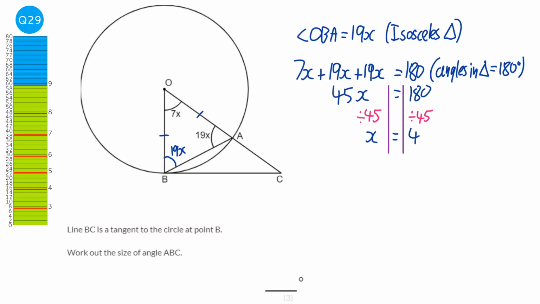Now we're looking for this angle here. That's angle ABC. Now there's a few different ways we could do this. We could work out what this angle is, because it's a big triangle, etc. Or we can use the fact that we've got a tangent touching a radius. So we know that this angle here is 90 degrees. So angle OBC equals 90 degrees, because it's the angle between a tangent and a radius.